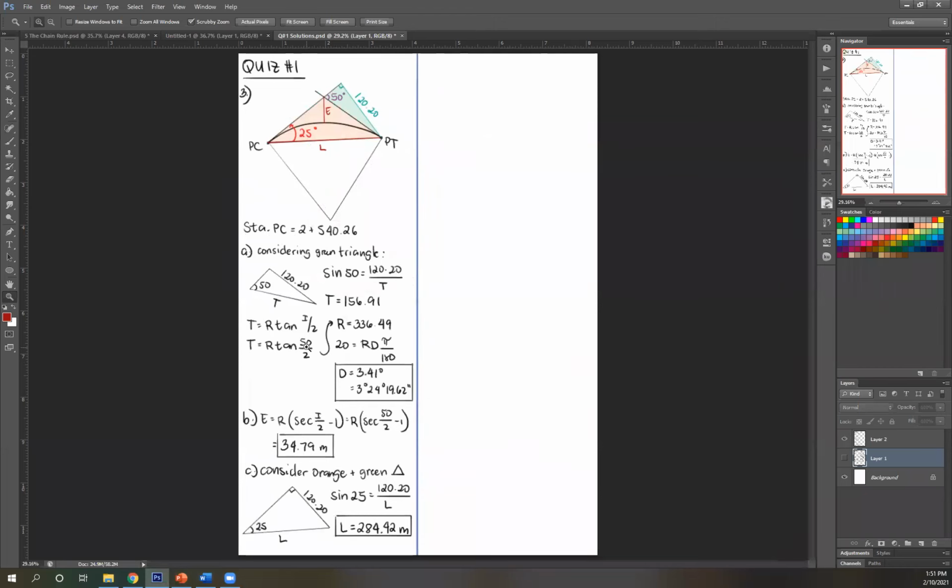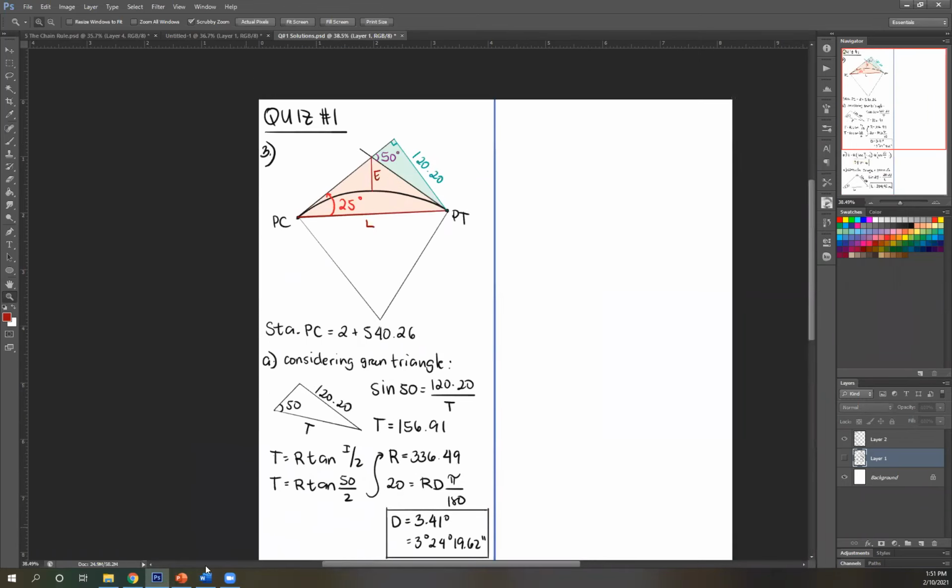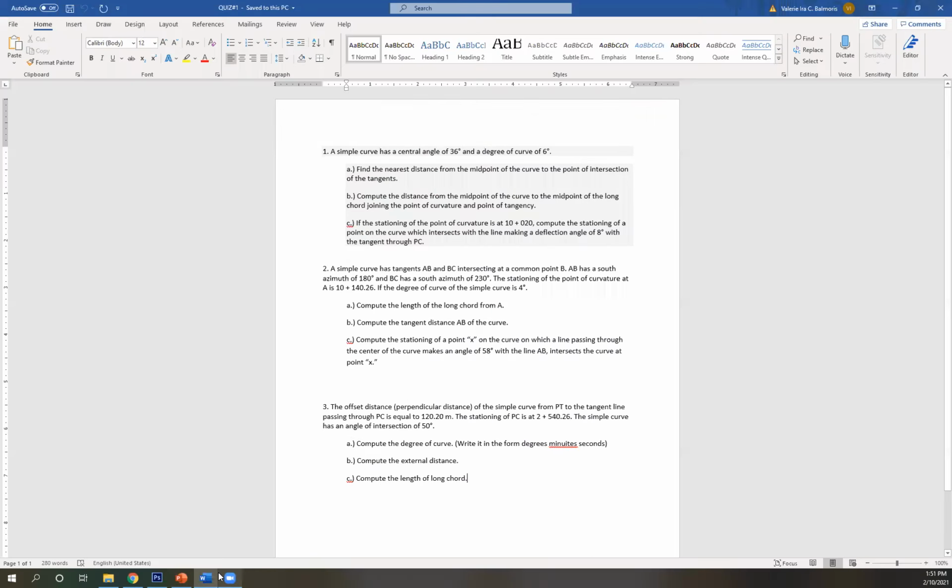Let's draw what's being described. First, offset distance means the perpendicular distance of the simple curve from PT to the tangent line passing through PC, which is equal to 120.